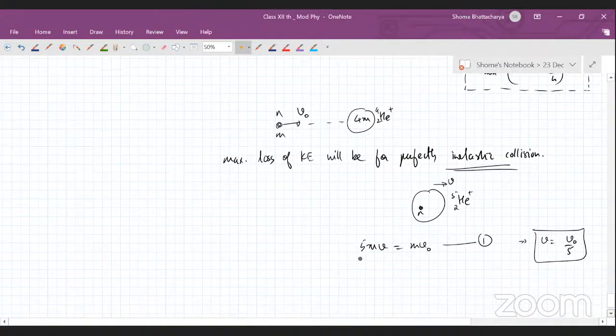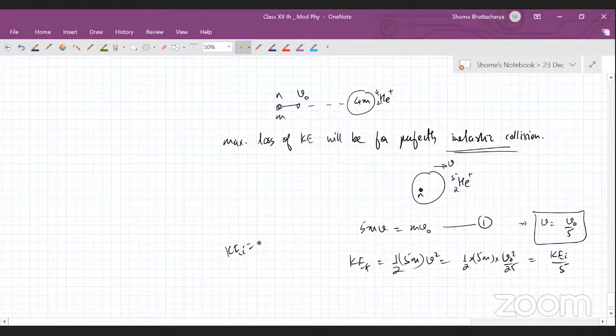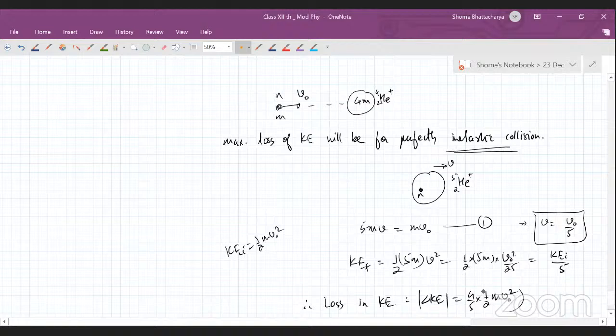And final kinetic energy would be initial kinetic energy by 5. So loss in kinetic energy would be 4/5 of half mv naught square.